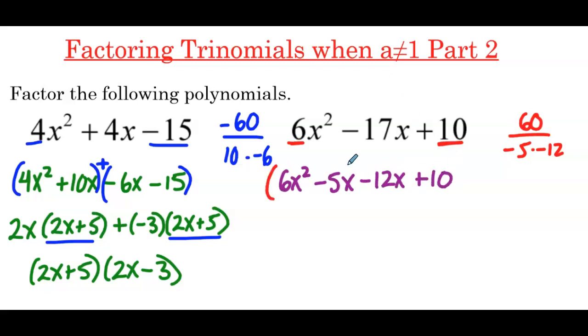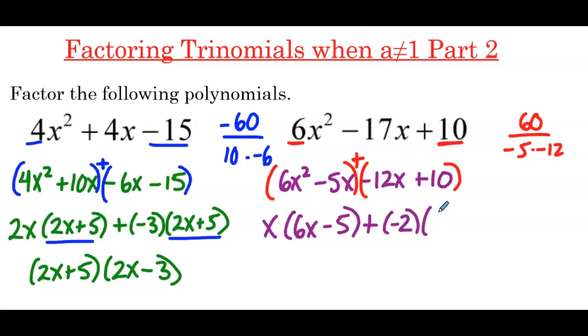We'll group our first two terms together and our second two terms together. Again, making sure there is that addition sign between our parentheses. The greatest common factor of the first two terms is just x, and we'd be left with 6x minus 5, plus we're going to need to factor out a negative 2, so that we have 6x minus 5. 6x minus 5 is the greatest common factor.